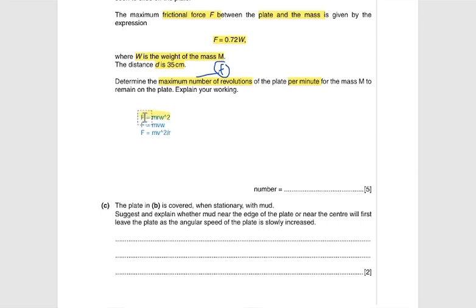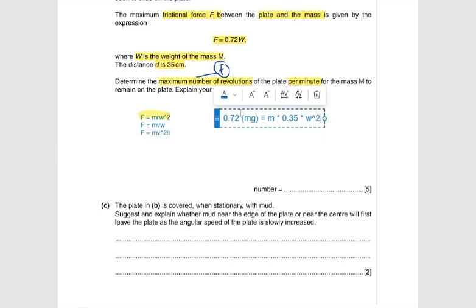We know this centripetal force is equal to this frictional force, so we will write 0.72 W, which is the weight, which is equal to mg, equals m into r, which is given to us as 35 centimeter, which we will convert to 0.35, into omega square, which we have to find.